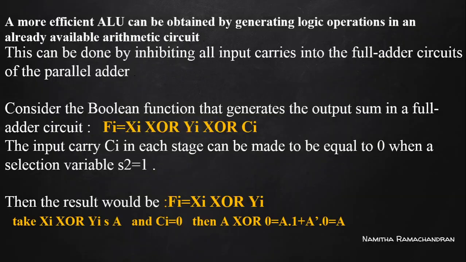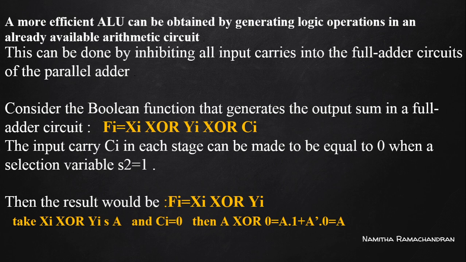The basic designing principle of an arithmetic and logic circuit is as follows. We need to design the arithmetic circuit first, then design the logic circuit. The third and important step is to modify the inputs of the arithmetic circuit so that it generates various logic operations.